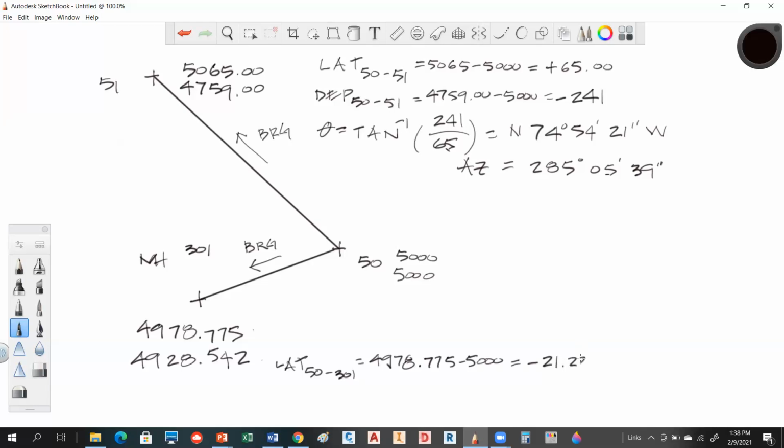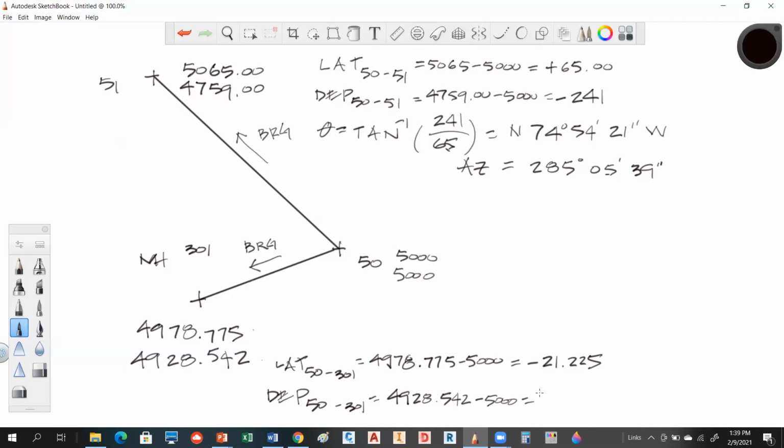Departure. That would be the northing, or the easting rather, of 301. 4,928.542 minus 5,000.